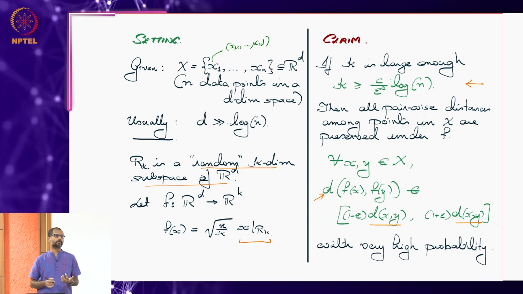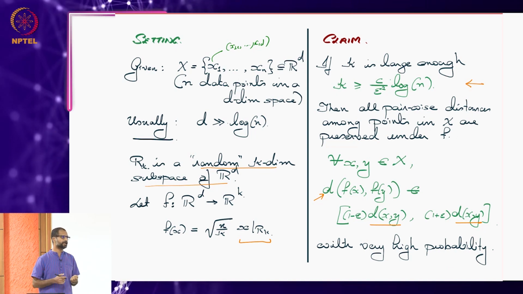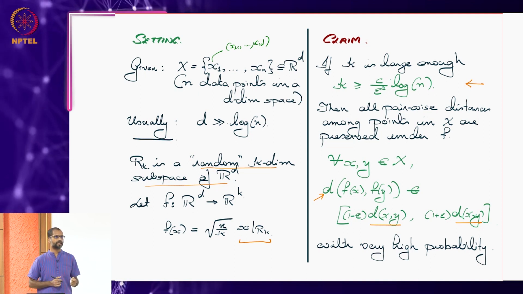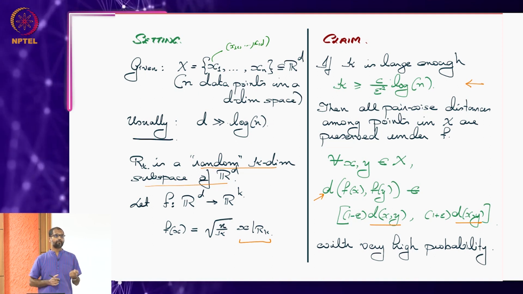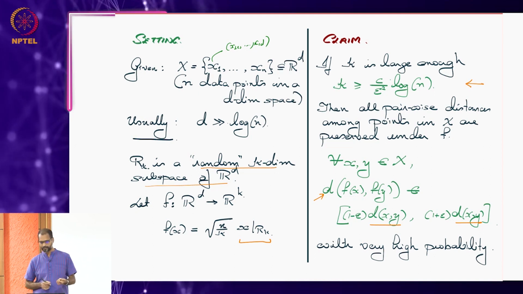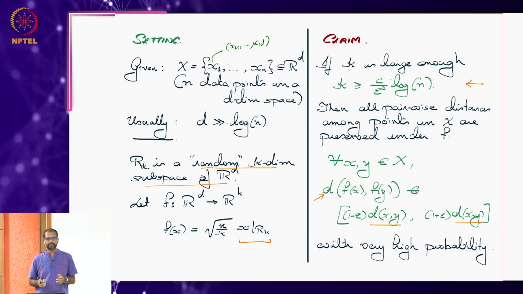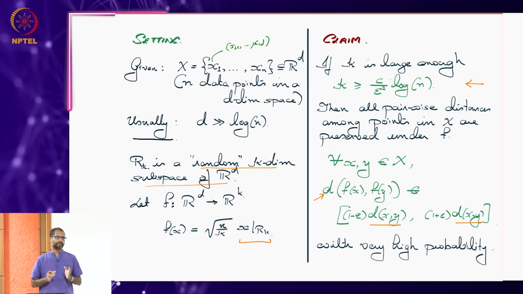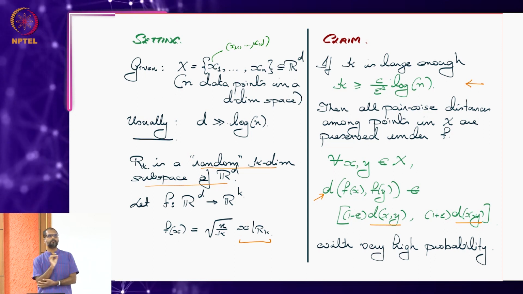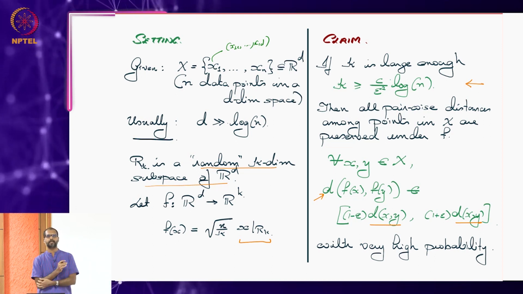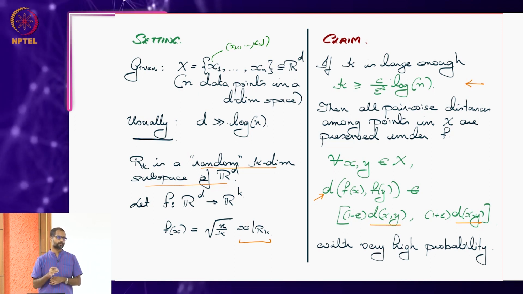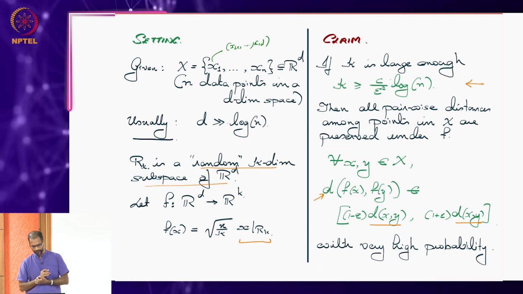You don't have to do all those beautiful things you did with SVD, just select a subspace at random, but provided its dimension is high enough, then every pairwise distance in your data set is going to be preserved within some epsilon accuracy with very high probability. That is the guarantee. So, there is some loss of accuracy, and there is some randomness in the answer. There will be a very negligible probability that this won't happen. So, this is the claim.